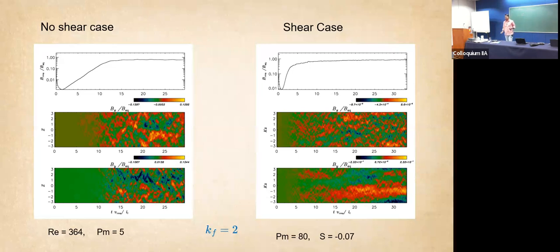That's what you are normalizing it by. Time is normalized with respect to the eddy turnover time. The magnetic field shown is the magnitude of the magnetic field with respect to the equipartition.